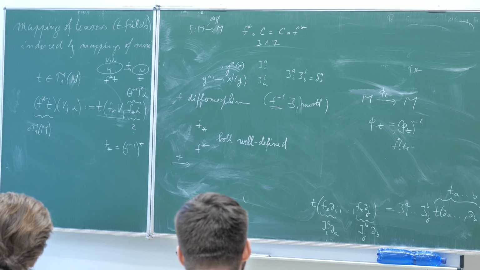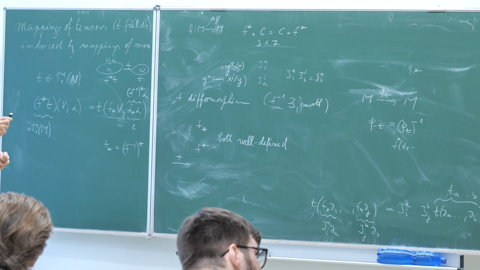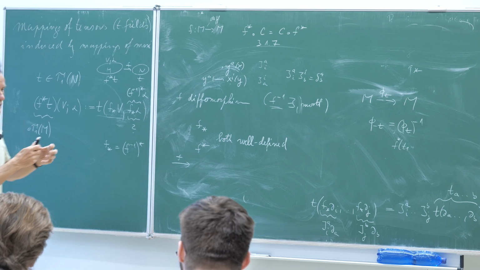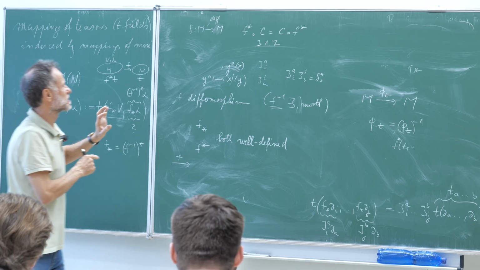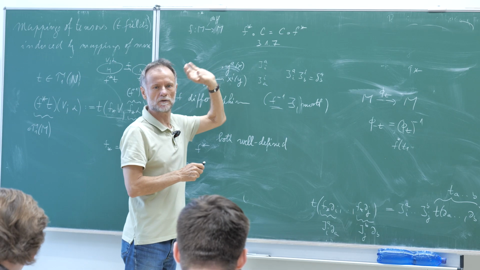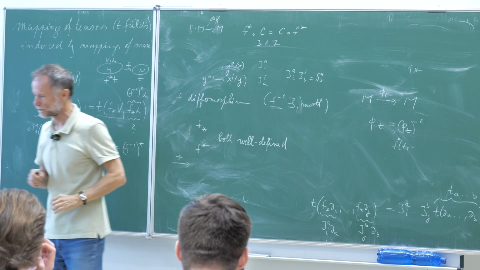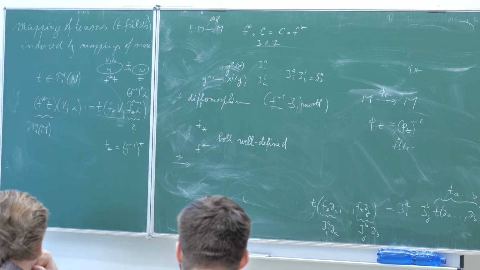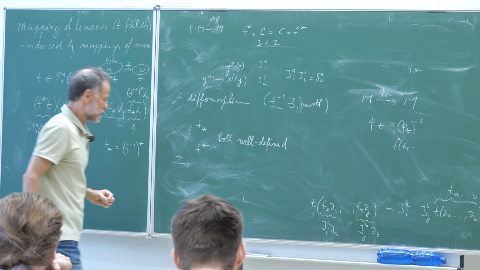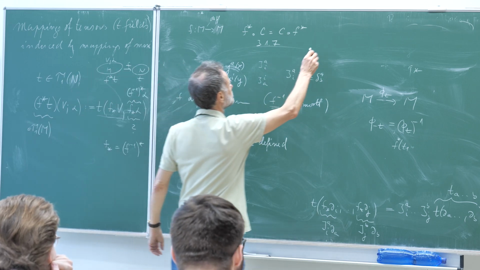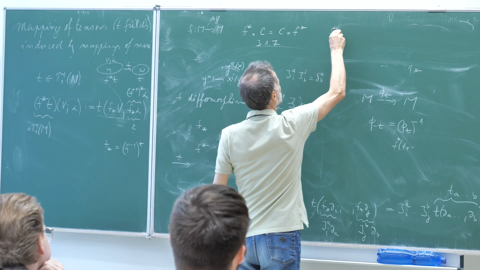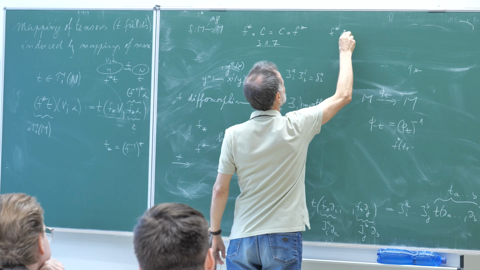So it is very important to know that if I want to make a contraction of some tensor, it doesn't depend whether I do it before pullback or after pullback. And also, a very interesting thing is that pullback commutes with d.